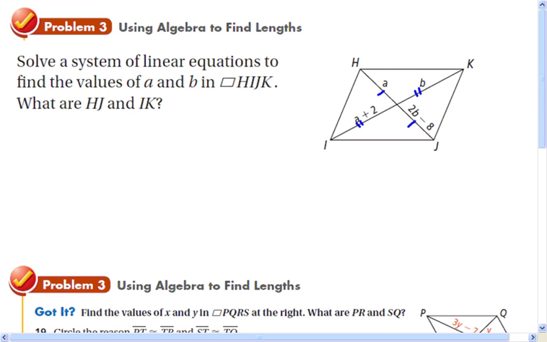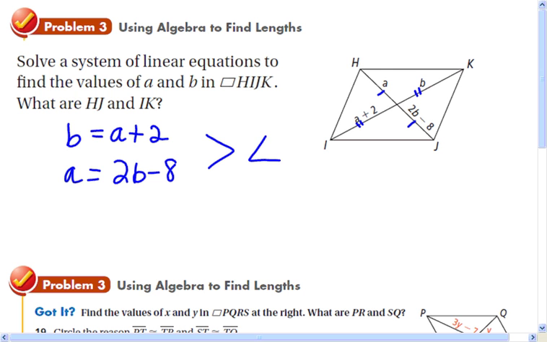So that produces a system of equations. We get b is equal to a plus 2, and we get a is equal to 2b minus 8. And that's because parallelograms have bisecting diagonals.